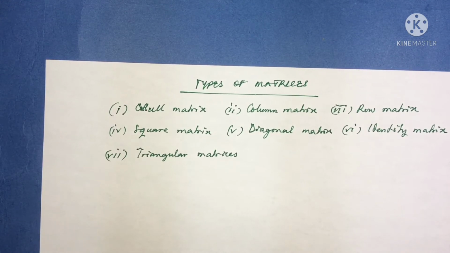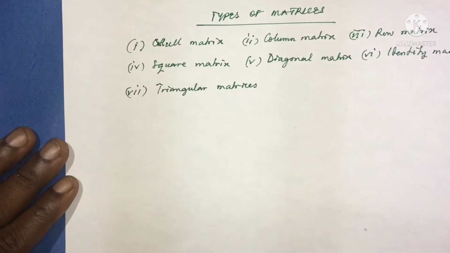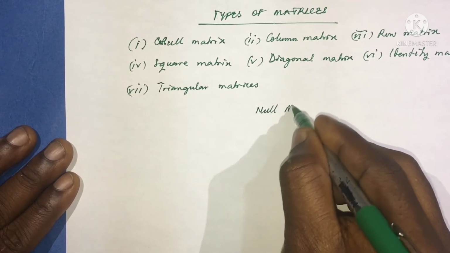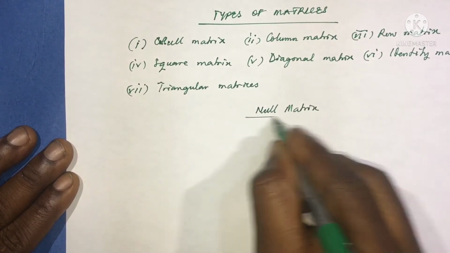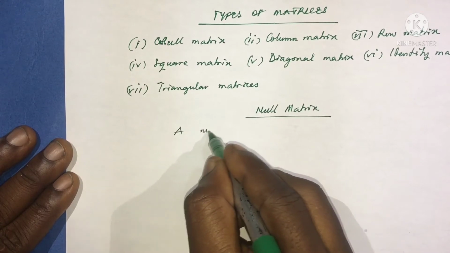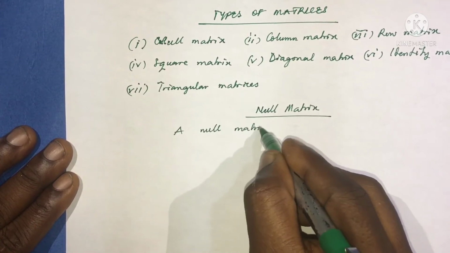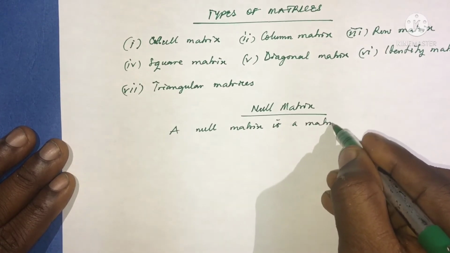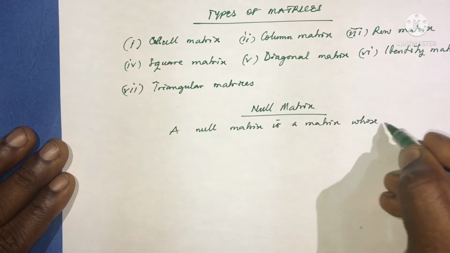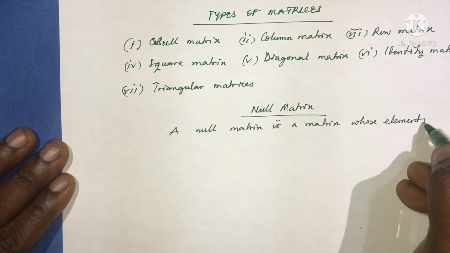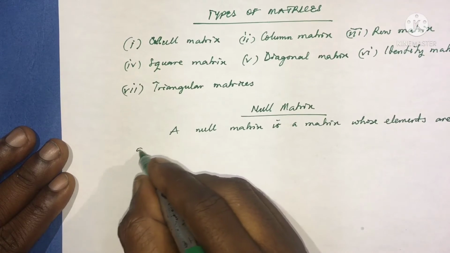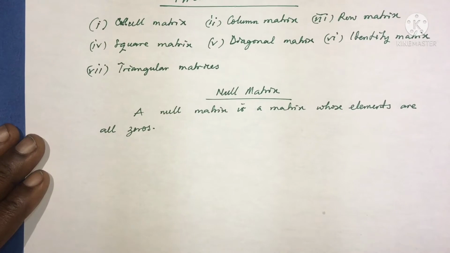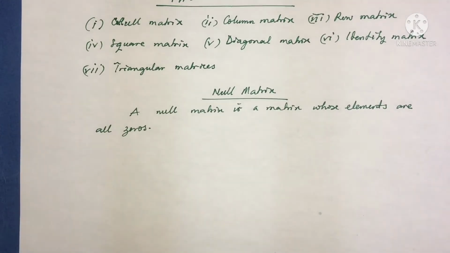Now, let us quickly look at the first one. Let's start with the first one, the null matrix. So what is a null matrix? A null matrix is a matrix whose elements are all zeros.